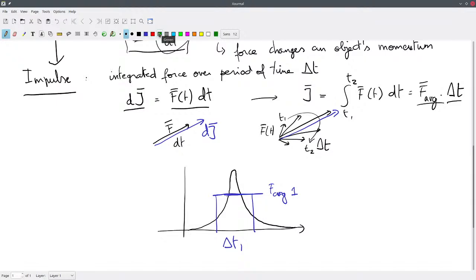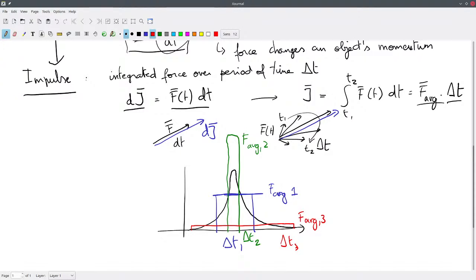Or someone else might make a reasonable argument that maybe this force is actually, I'm going to put this all in a much narrower interval here. That's going to be my delta t2 with F average 2. Or someone might say, well, this is actually probably best modeled by a force over a long interval delta t3, and that's going to be the average force that applies over that long interval.